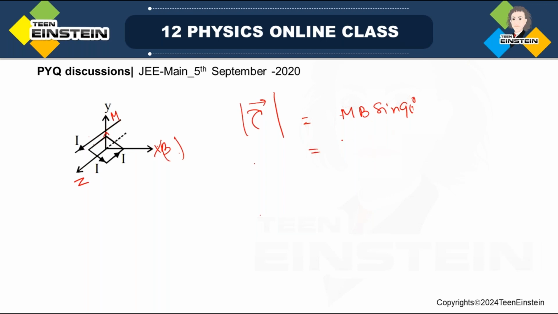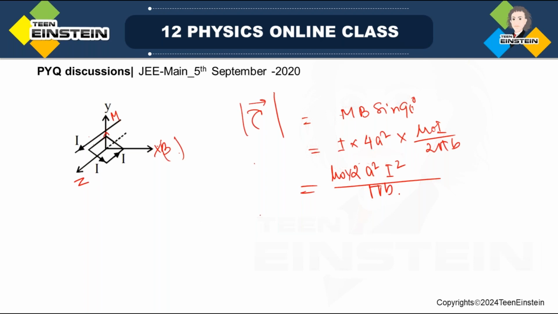M is I into A square, 4A square. B is mu 0 I by 2 pi b. So I get 2A square I square, and obviously mu 0 will be there: mu 0 into 2 I square A square divided by pi b.